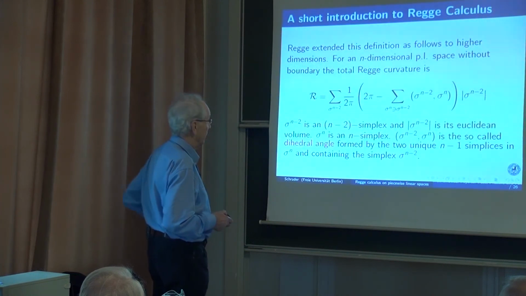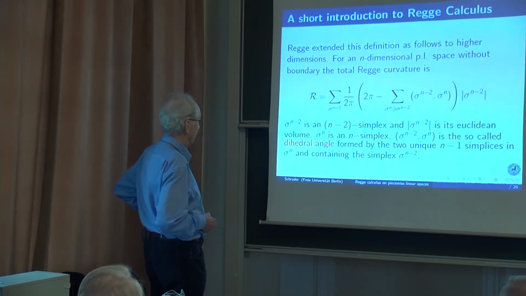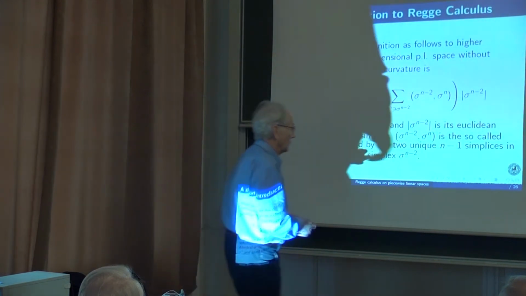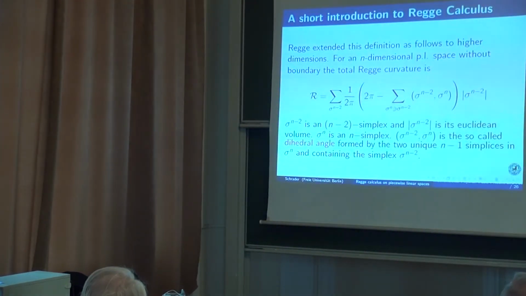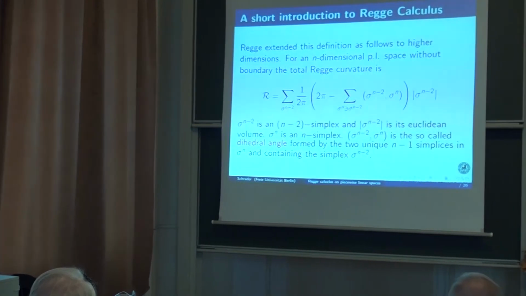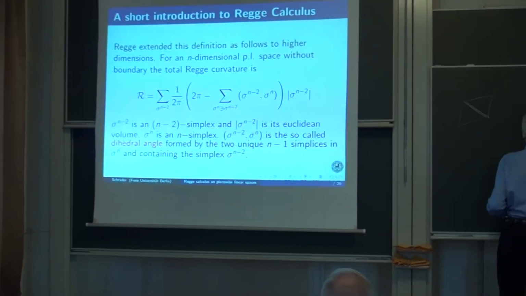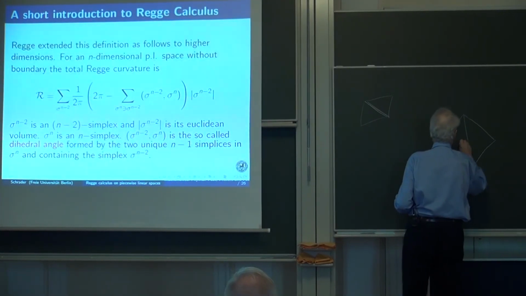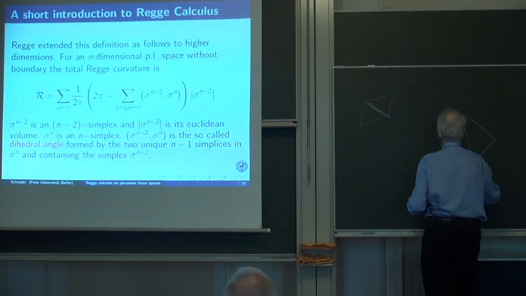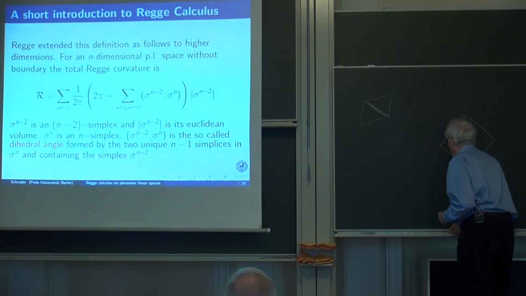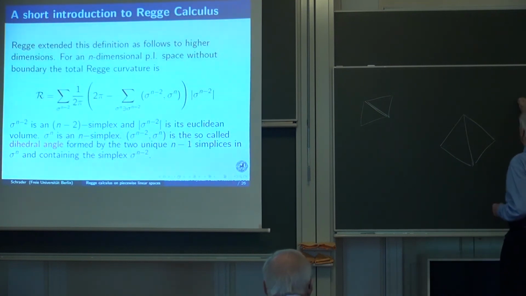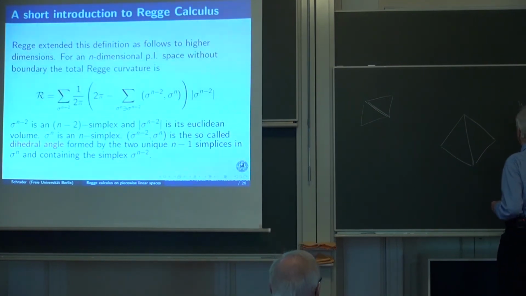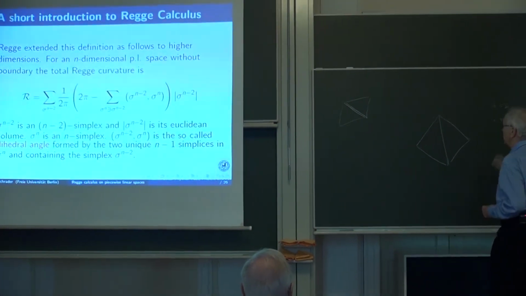So let me explain what the dihedral angle is. The dihedral angle can be visualized in 3 dimensions very easily, and then you will see that you can do this for higher dimensions. So let's look at n equal to 3, n minus 2 equal to 1.